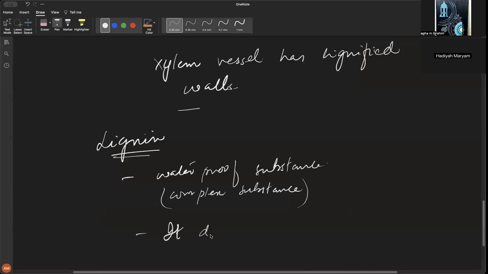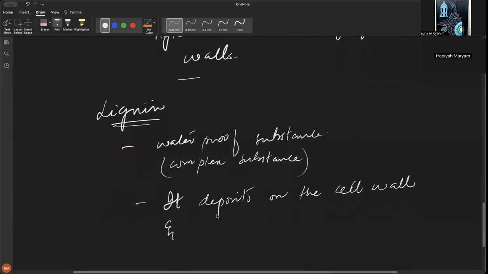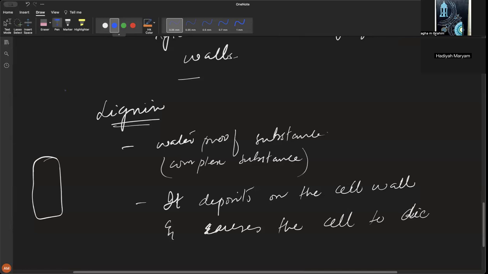It deposits on the cell wall and causes the cell to die. Why? Because if the lignin has started depositing in the cell wall, what is going to happen?